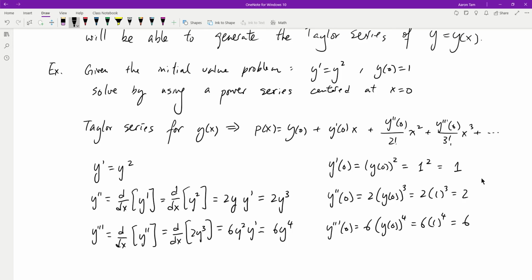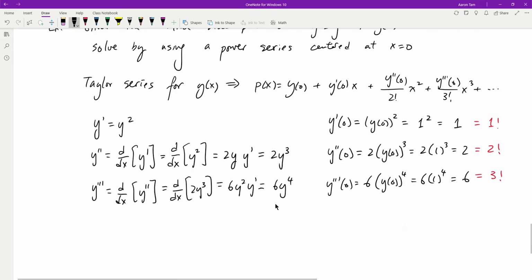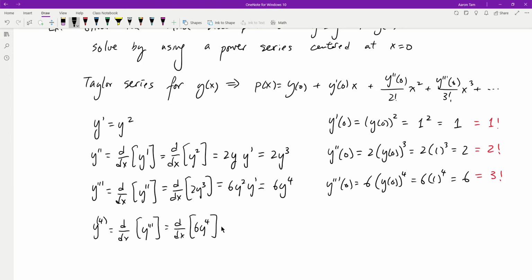Now, some of you might recognize that this 2 is basically 2 factorial, 1 is just 1 factorial, and 6 is technically 3 factorial. Now let's do one more, the fourth derivative. That means I'm differentiating y triple prime, so I'm differentiating 6y to the fourth.